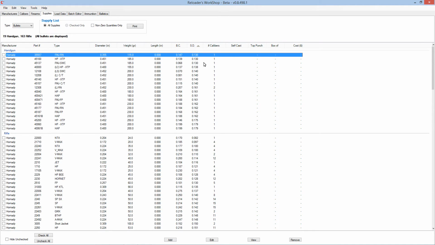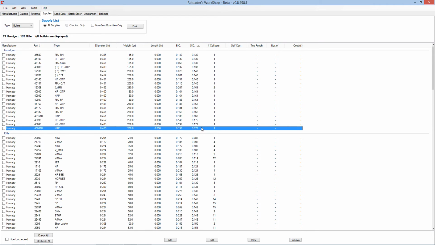Now, you see here in the database that I'm using, my handgun bullets range anywhere from a sectional density of 0.130 to 0.179. Now, you may be wondering, in the previous segment we talked about 0.230 sectional density being the small game range, which included people.